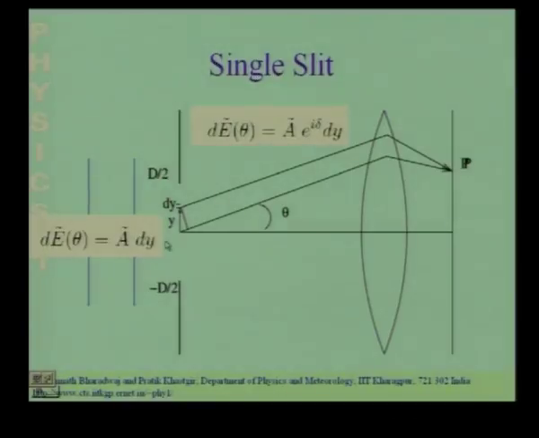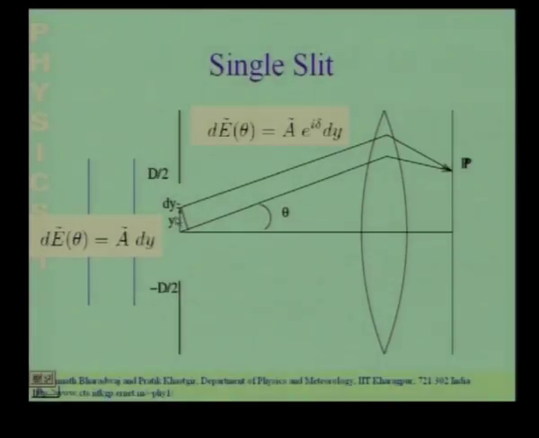There is a phase difference because of the path difference between the path from the center and the path from this point. There is a path difference between these two waves to this point, and this path difference will cause a phase difference.